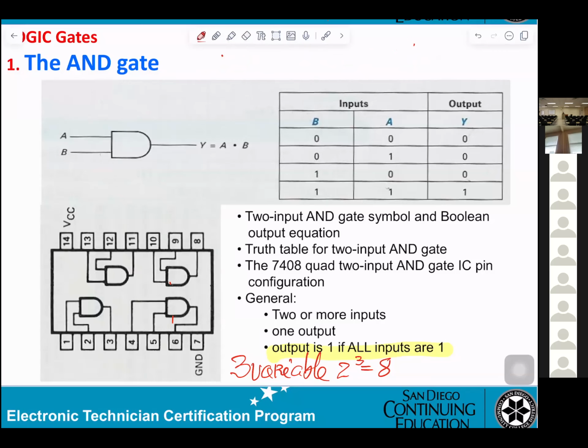Now, I give you another case. 0 here, 1 here. What output? 0. Right? Now, when you get a problem, you take your meter.